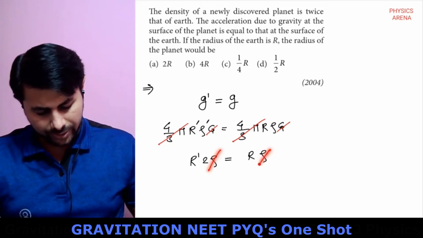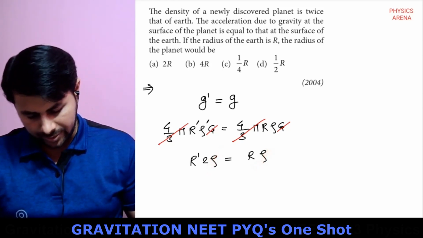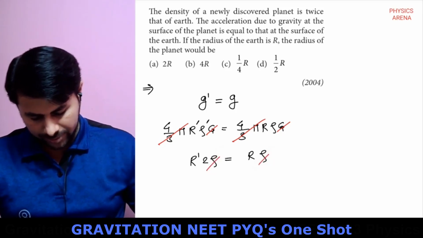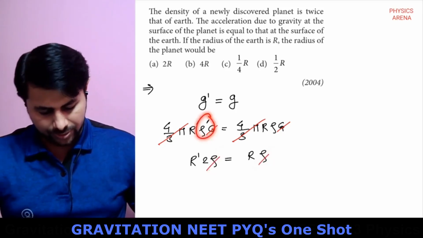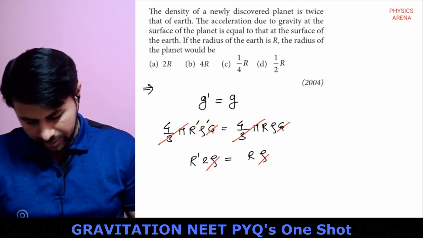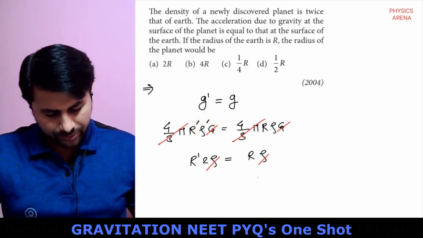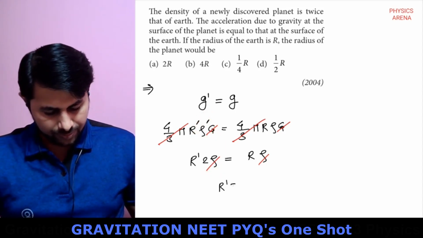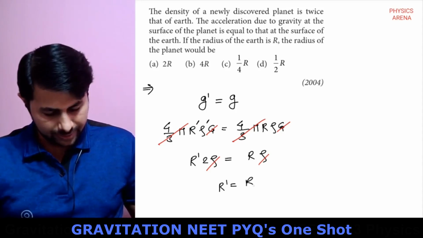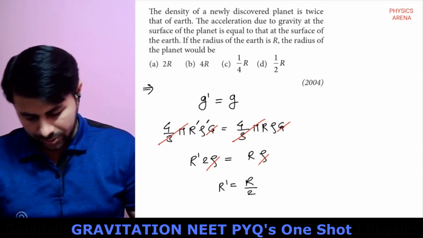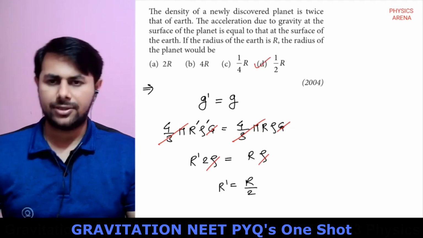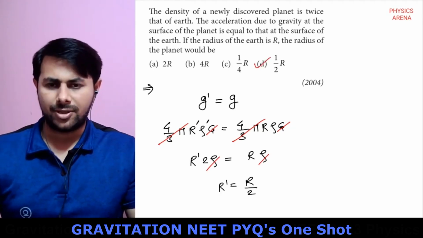So rho and rho is also cancelled, right? Rho dash is equal to 2 times rho. So you get r dash is equal to r upon 2. Take the 2 to the other side, right? So questions on gravitation, most of them are very simple.